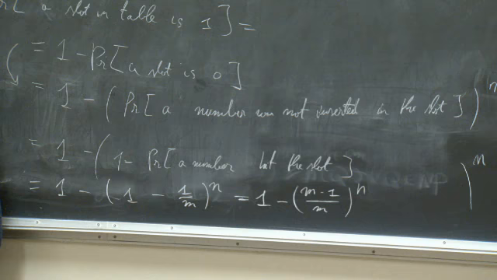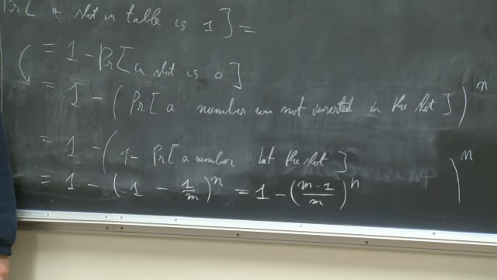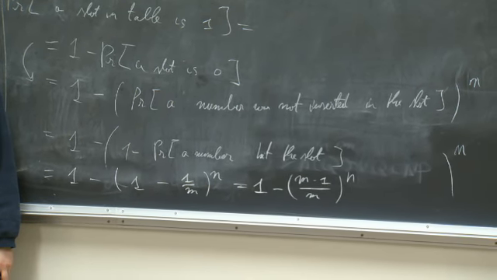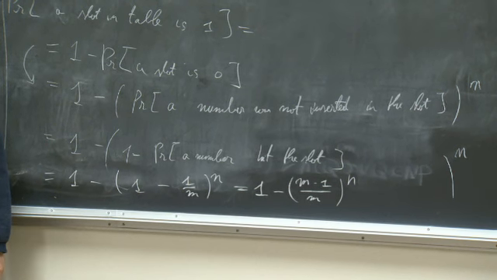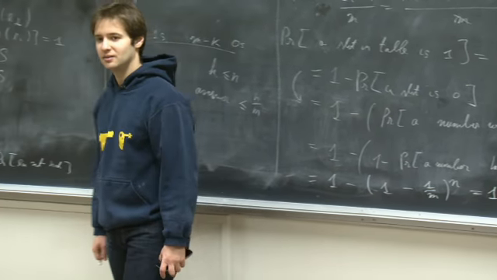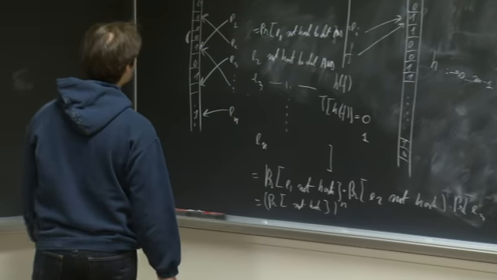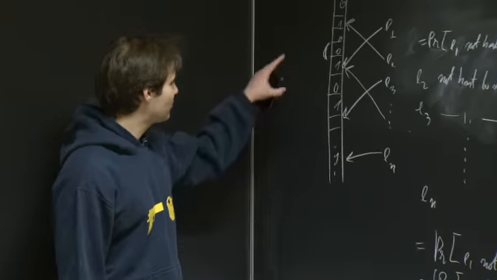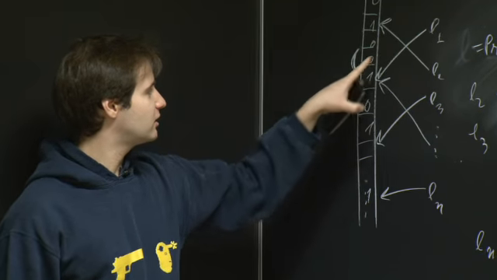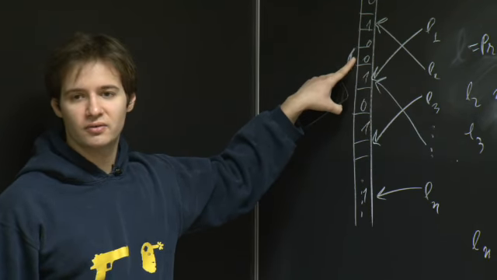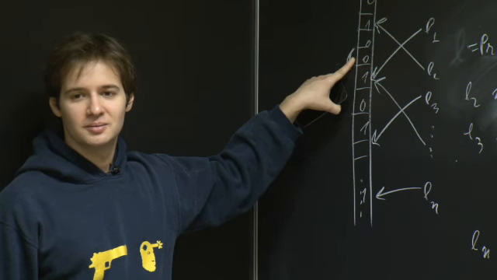Well, isn't the probability that any given one doesn't hash 1 over m? So if E1 doesn't hash in that spot, isn't that probability 1 over m? Not quite. You're close, but not quite. So you're saying that the probability that E1 doesn't hash to this slot is 1 over m? Or I guess it's 1 minus 1 over m.